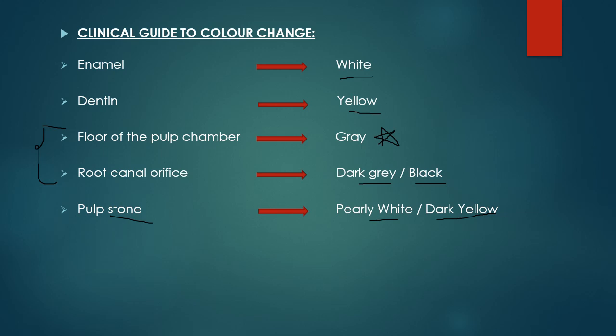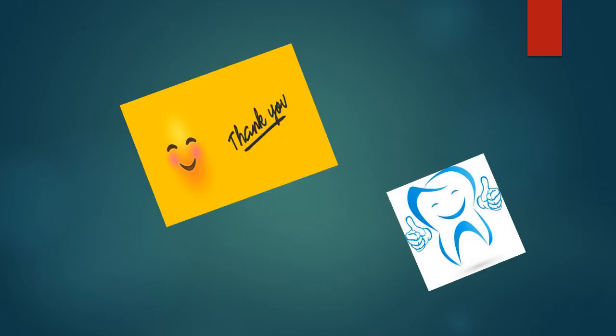When we see a gray color, we can conclude that we have entered into the floor of the pulp chamber. In that way, we can easily locate the canal orifices also. These are the color change clinical guides, one of the important points as we proceed with the access cavity preparation.